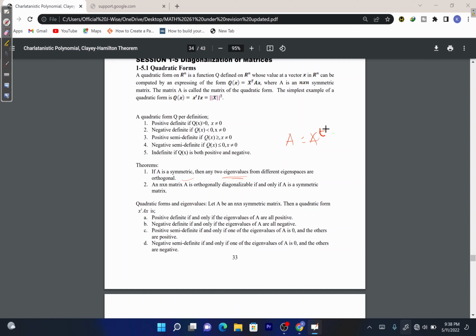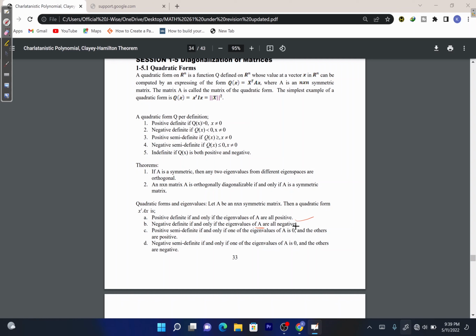Then the quadratic form Q of x given by x transpose Ax is positive definite if all the eigenvalues are positive, that is, greater than 0. It is negative definite if and only if all the eigenvalues of A are negative.